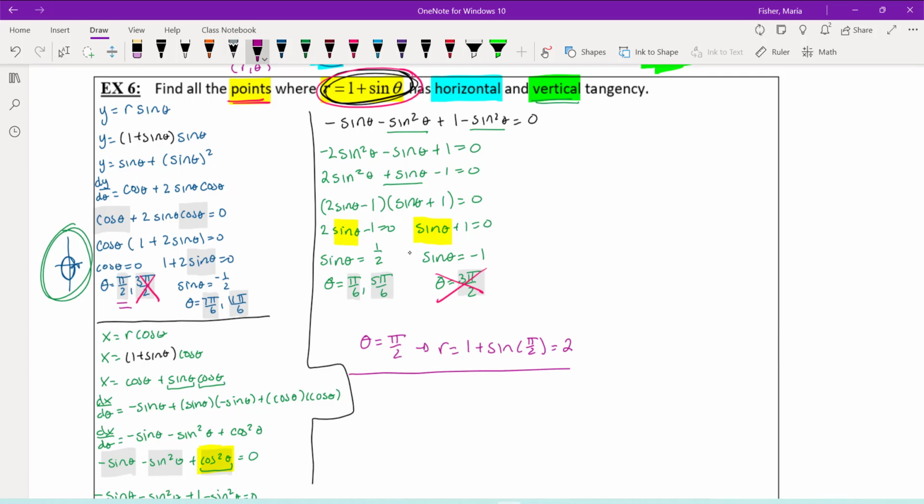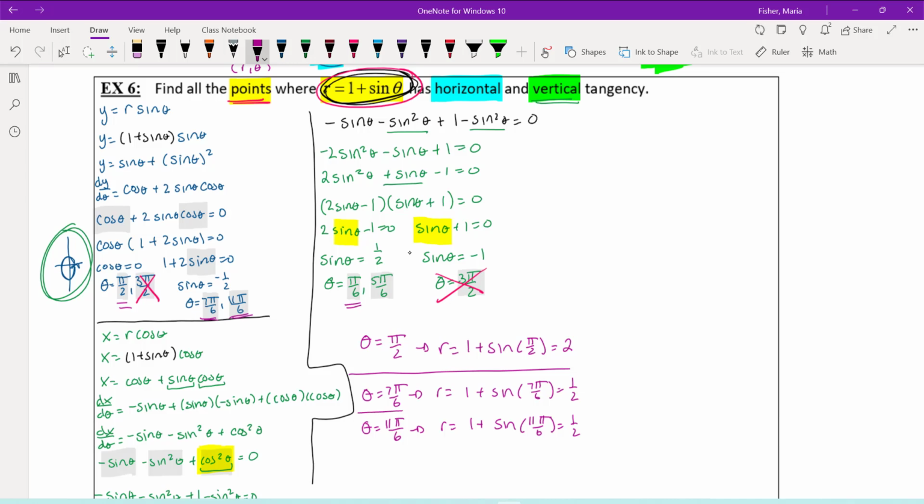When theta equals 7 pi over 6, r would equal 1 plus the sine of 7 pi over 6, which is a half. When theta equals 11 pi over 6, r is going to equal 1 plus the sine of 11 pi over 6, which is also 1 half. 2 more to go.